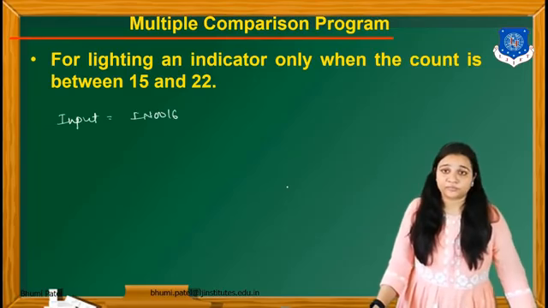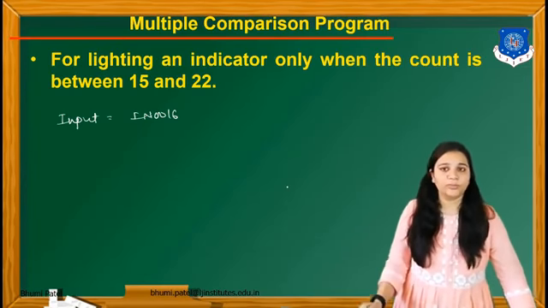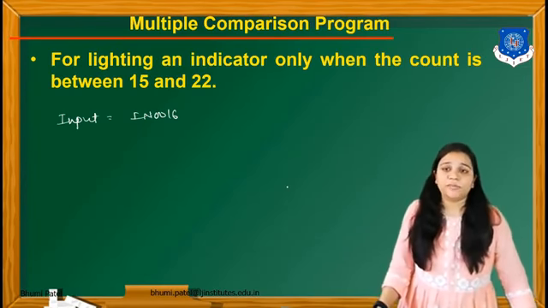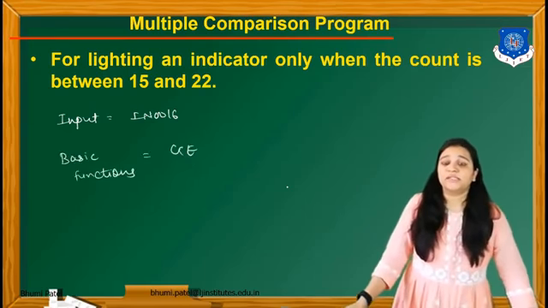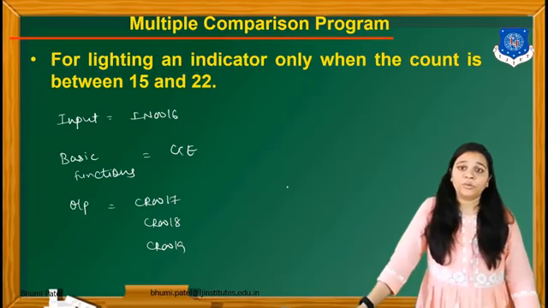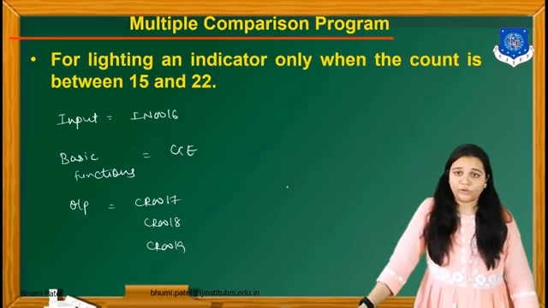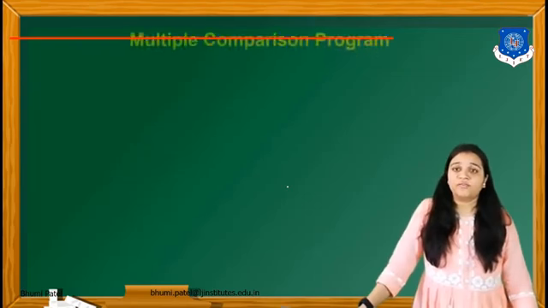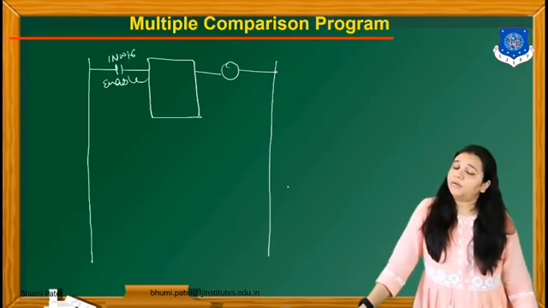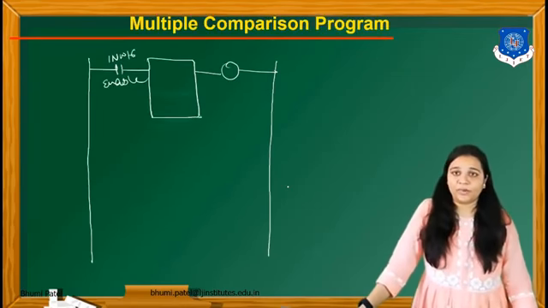For that we have to take one input. Suppose the name of the input is IN0016, then we use the basic function greater than or equal to, and we take the outputs CR0017, CR0018 and CR0019. In the first rung we take one input signal, that is the enable pin.